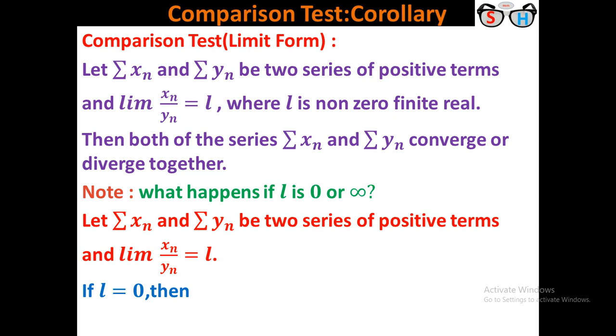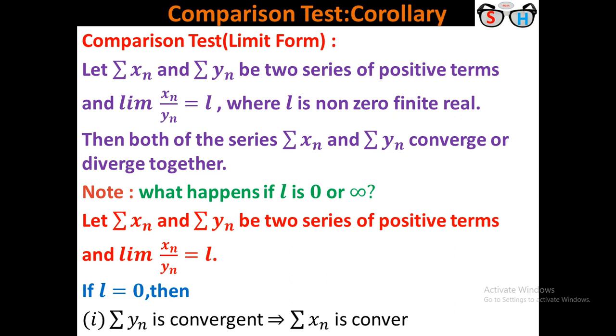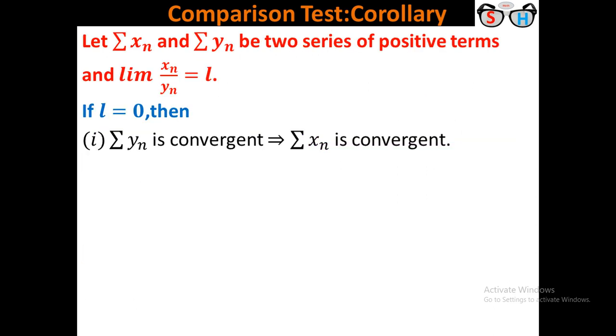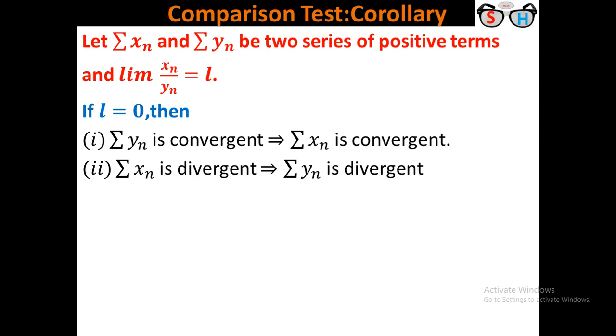That is why you can conclude that yn is the larger series and xn is the smaller series. So we can conclude that if yn is convergent, then xn is convergent, because yn is the larger series, and if the smaller series xn is divergent, then yn is divergent.